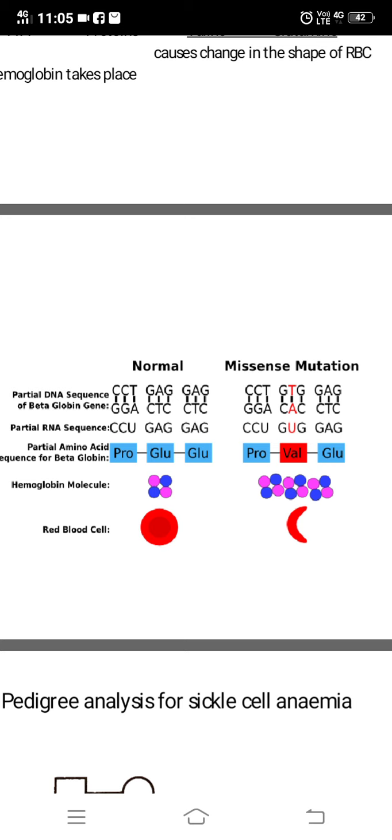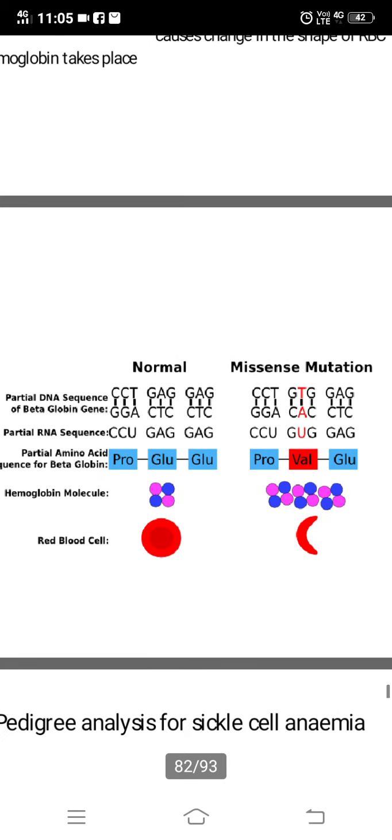In the normal case you can see GAG, CTC, and after the mutation takes place, GTG, which will form CAC, and then the messenger RNA. All these detailed things you will be studying in the next chapter. Just remember that this GAG is changed to GUG, that is valine.